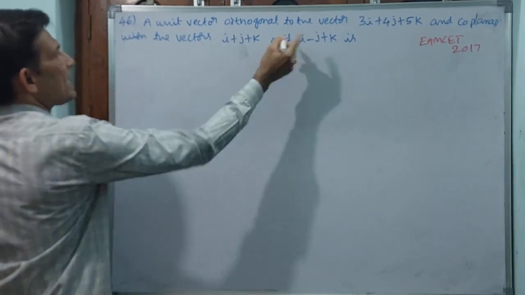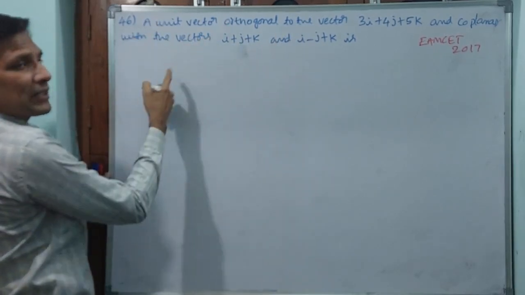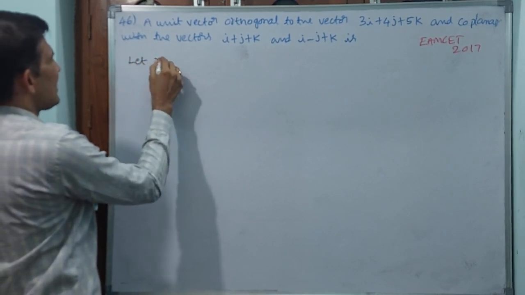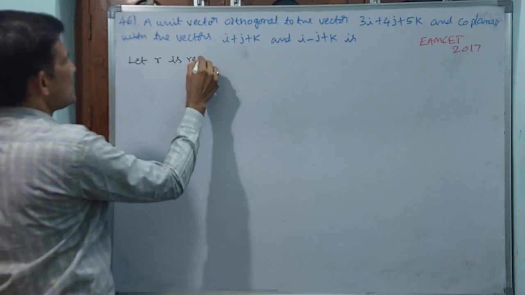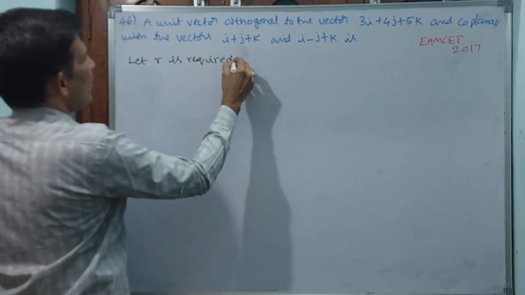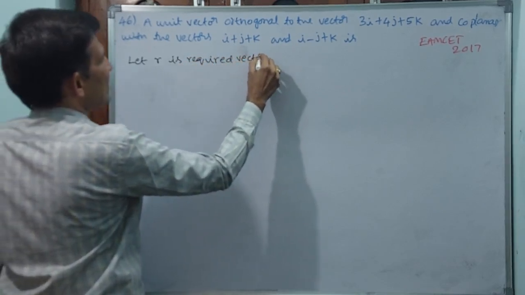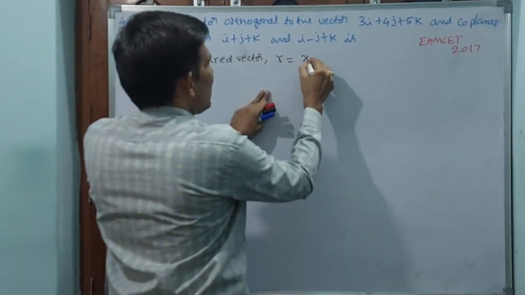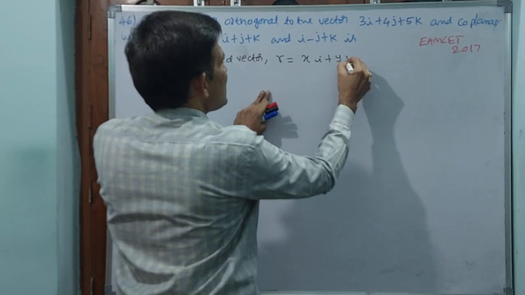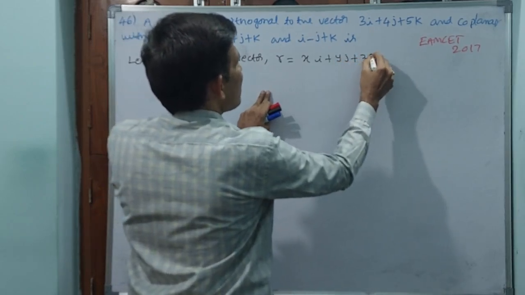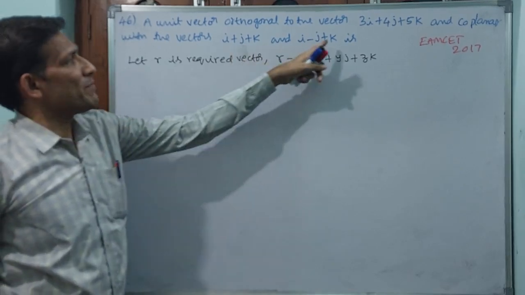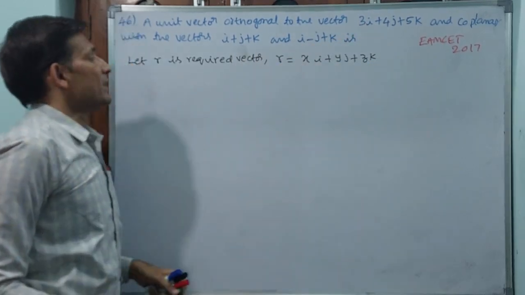Let R be the required vector, R is equal to xi plus yj plus zk. We don't know the x, y values, but we have taken i, j, k because the remaining vectors are all in i, j, k.